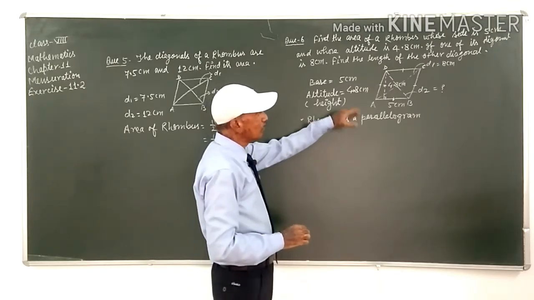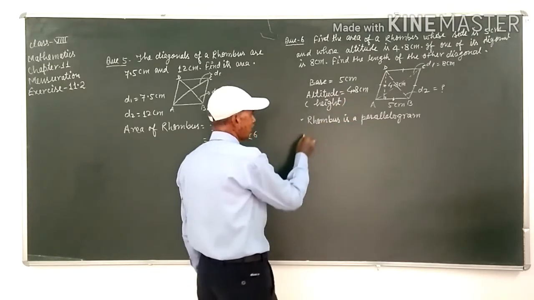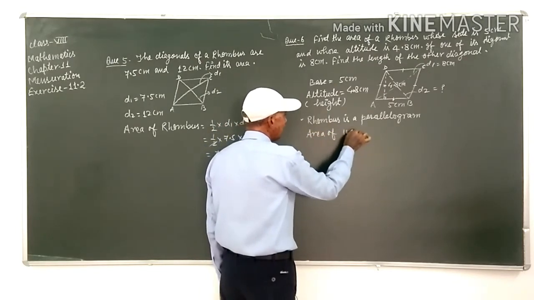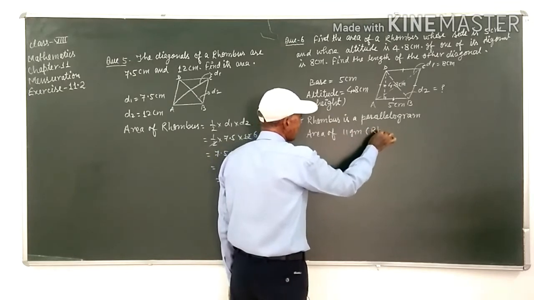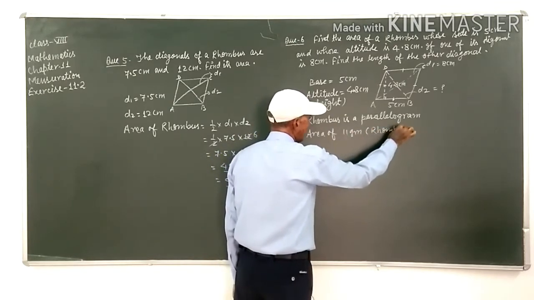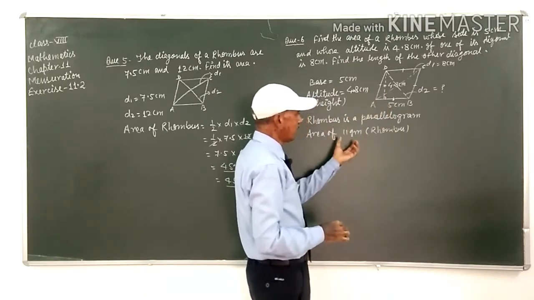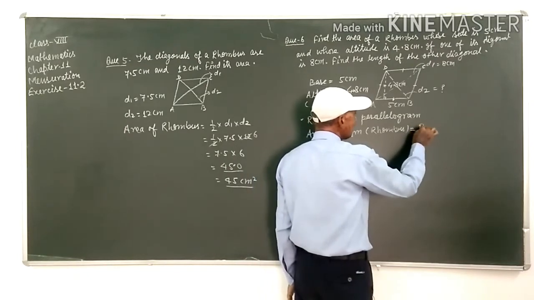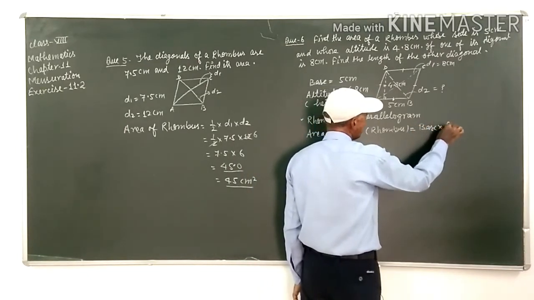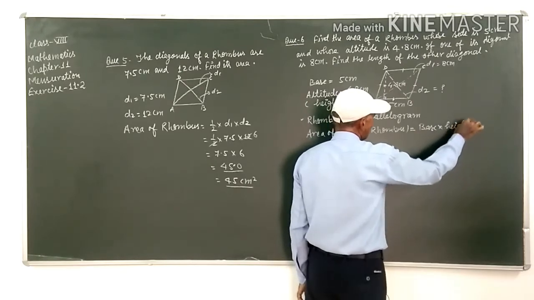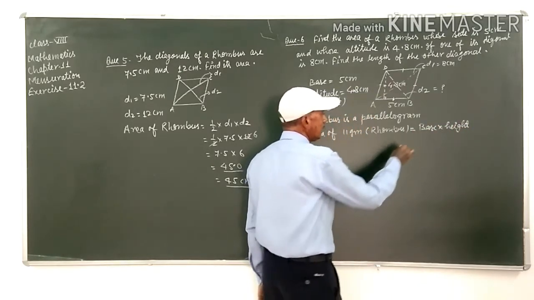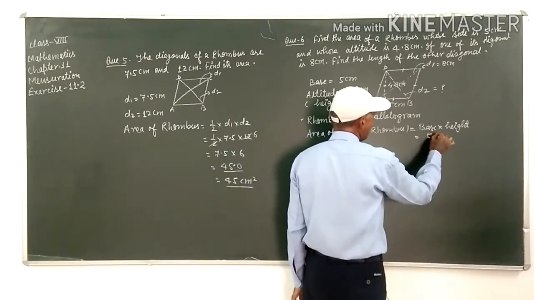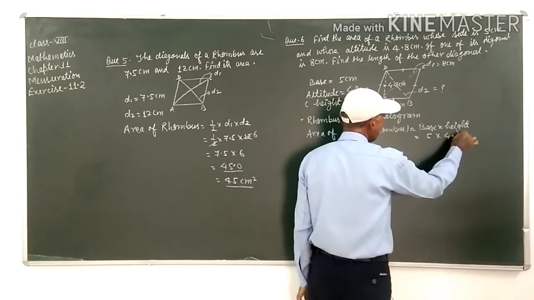Now first of all we have to find out the area of this parallelogram. Area of parallelogram or rhombus, this one, because this is a rhombus and it is also a parallelogram. So area of parallelogram is base into height, and base is 5 centimeter and height is 4.8 centimeter.